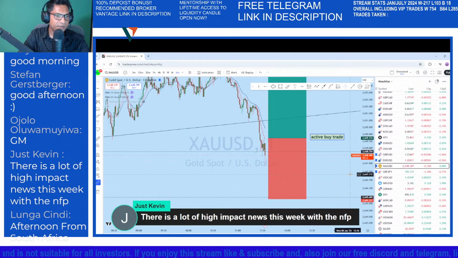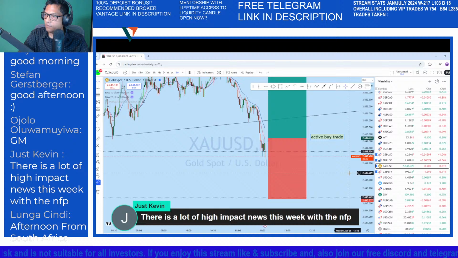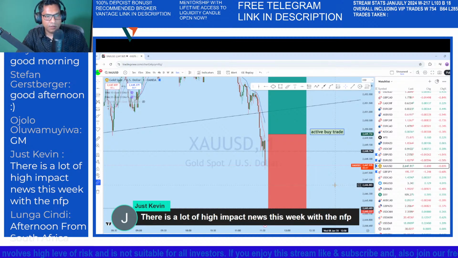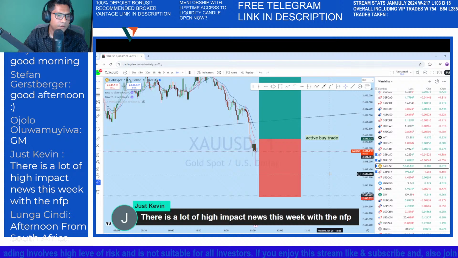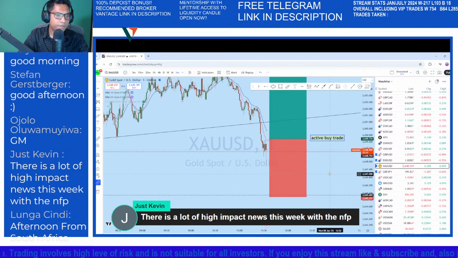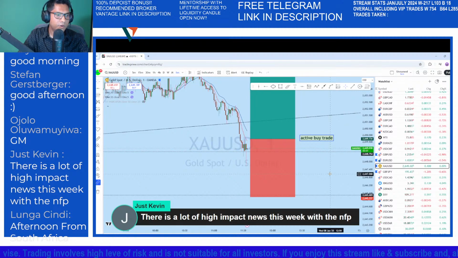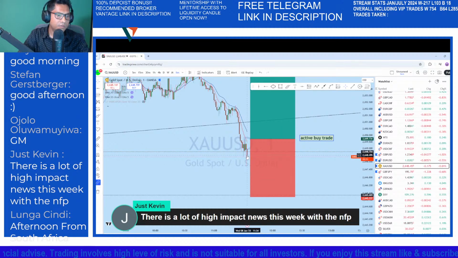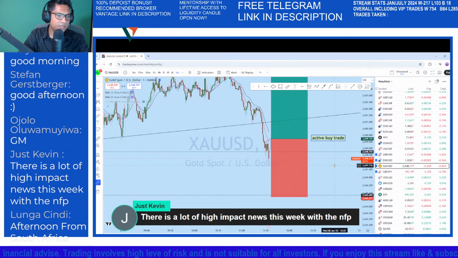So expecting to have a rejection, if it is a very long rejection, we might see. So once we are in the trade, okay, if it is a bullish rejection, we should see that bounce.